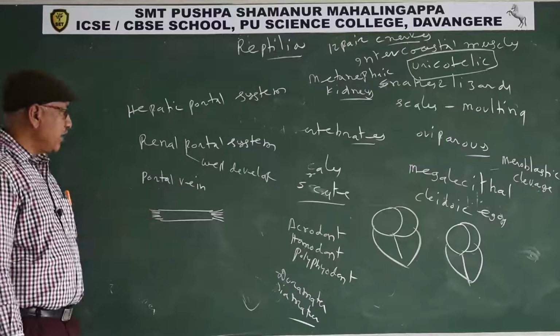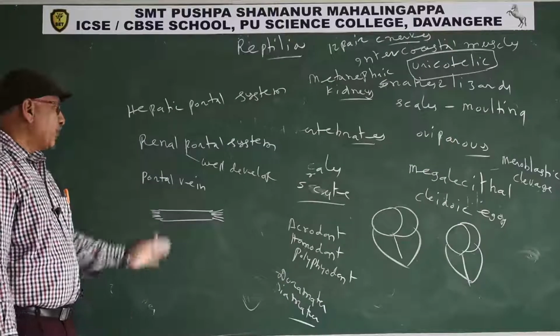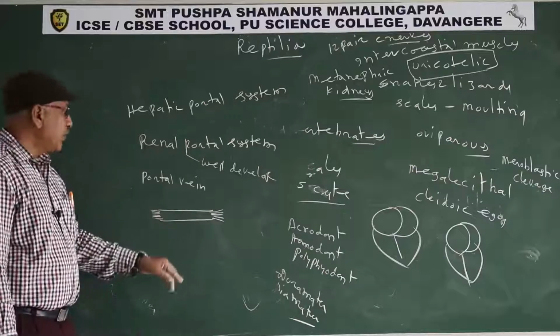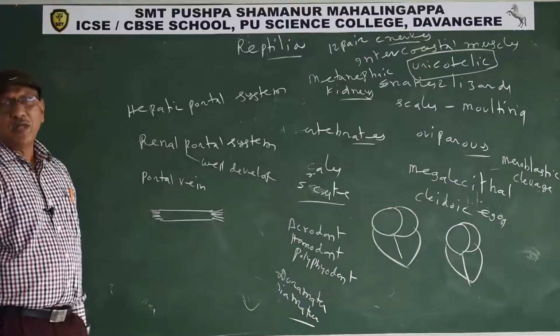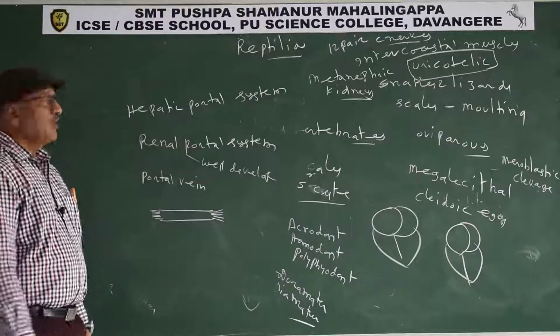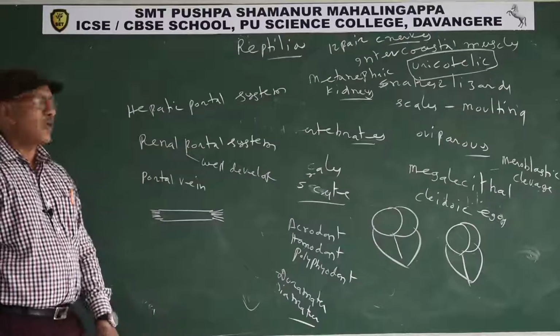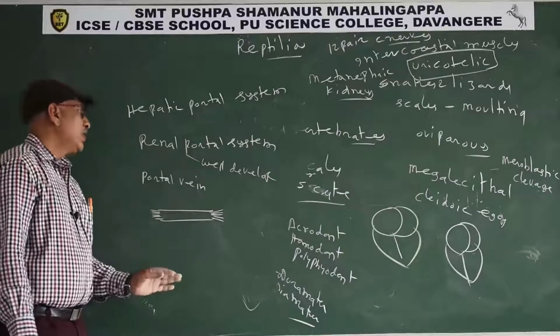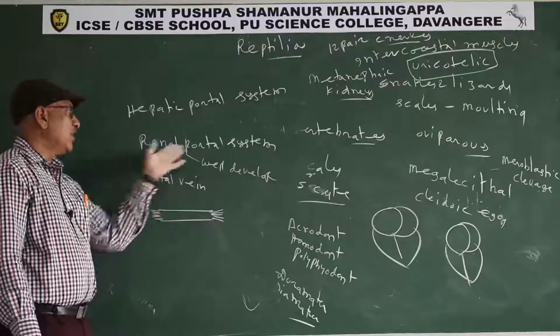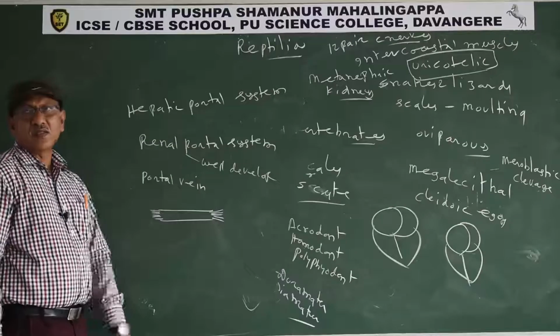Nomenclature of the portal vein is based on the organ in which it breaks into capillaries. If it breaks into capillaries in the liver, it is known as the hepatic portal vein. All hepatic portal veins collectively are known as the hepatic portal system. Portal veins that break into capillaries in the kidney are known as the renal portal system.